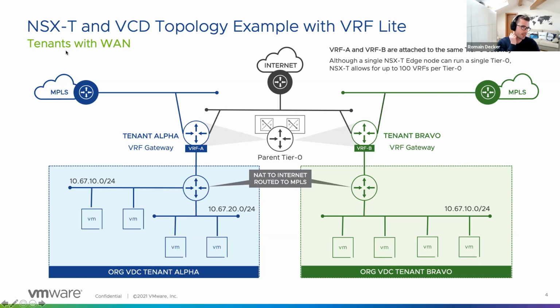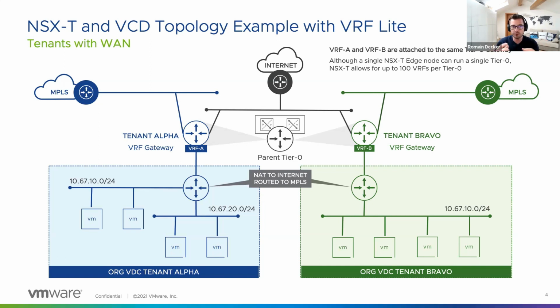I can still see some situations where some customers, some tenants would want to have a dedicated T0 instead of a dedicated VRF, potentially for bandwidth, if they are heavy bandwidth consumers.